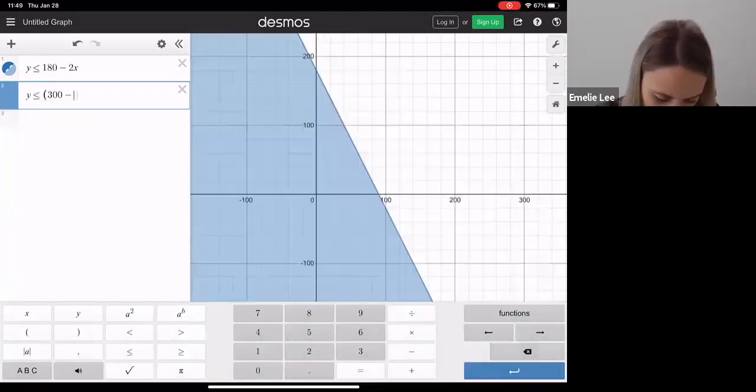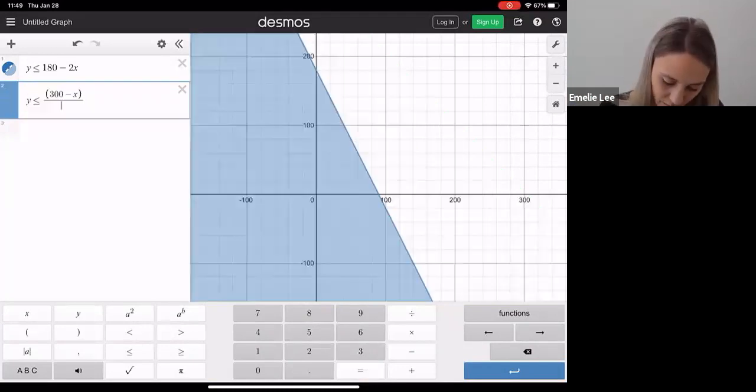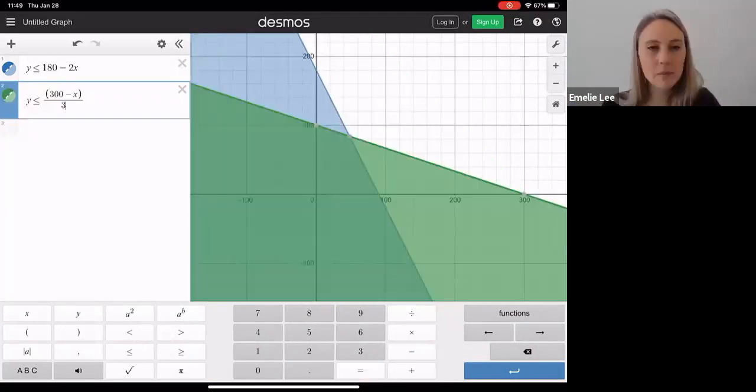So let me type that out again: bracket 300 minus x, end that bracket, and then divide it by 3. Because otherwise it might just do x over 3 instead of 300 minus x over 3.